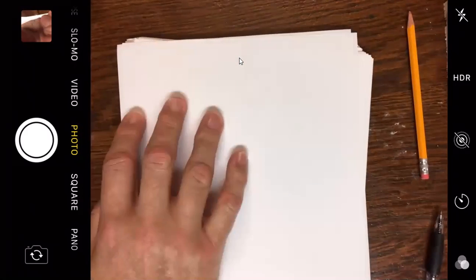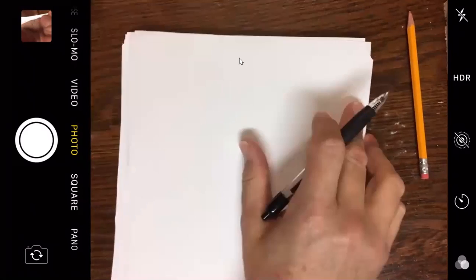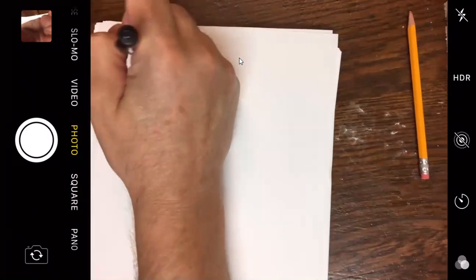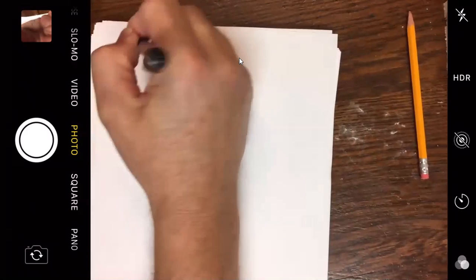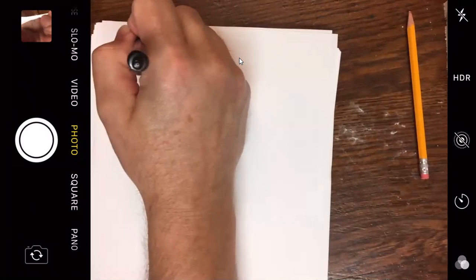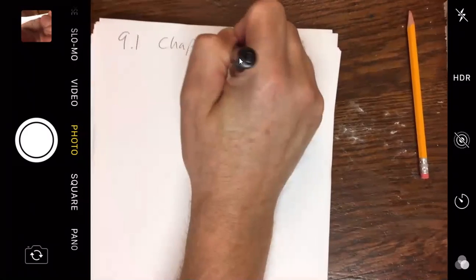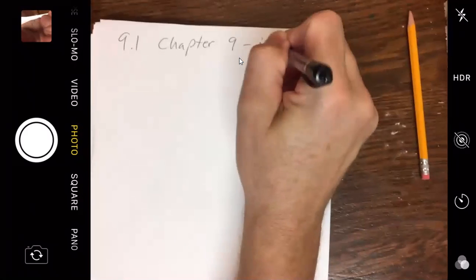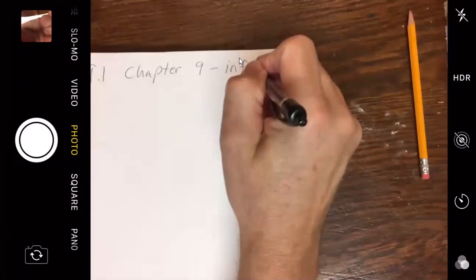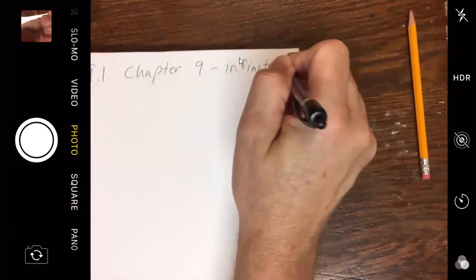Yeah, this is chapter 9. We kind of warned you about it. It really is completely different from everything else we do. Chapter 9 is about infinite series.